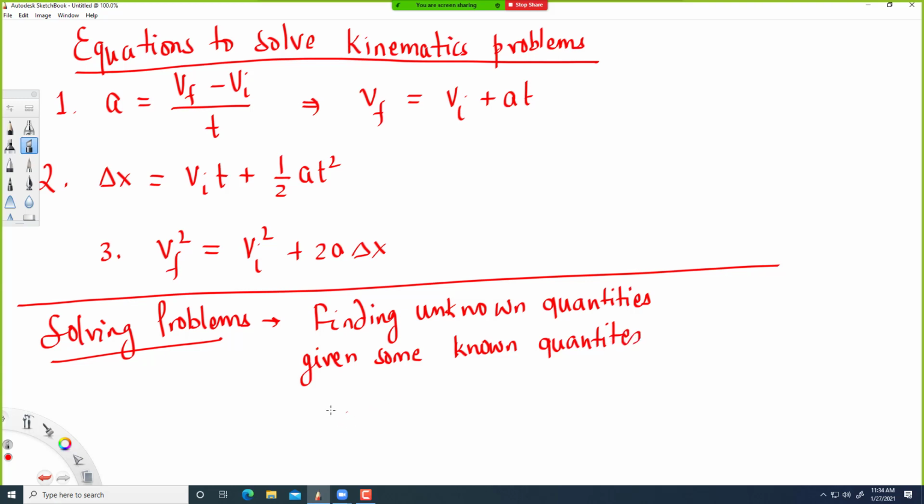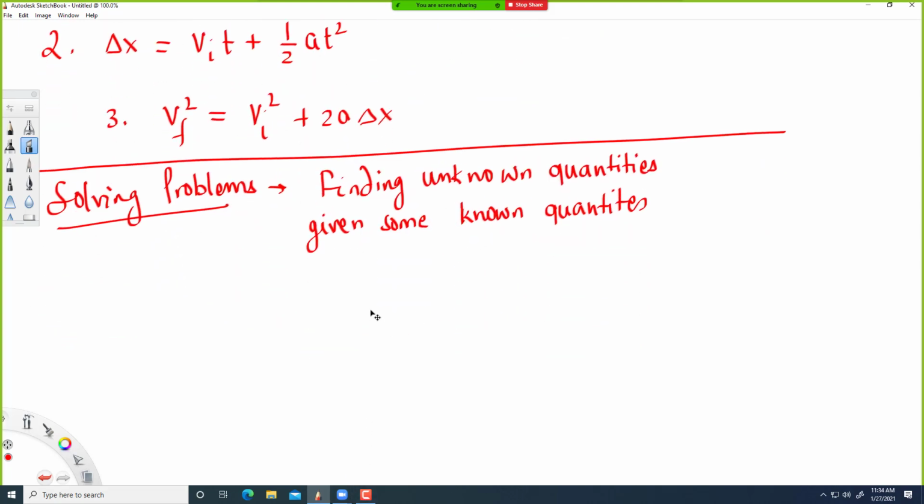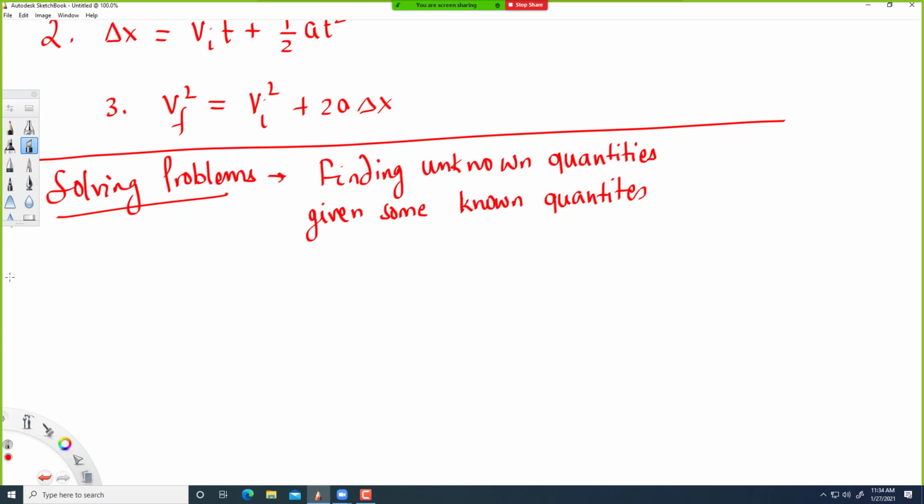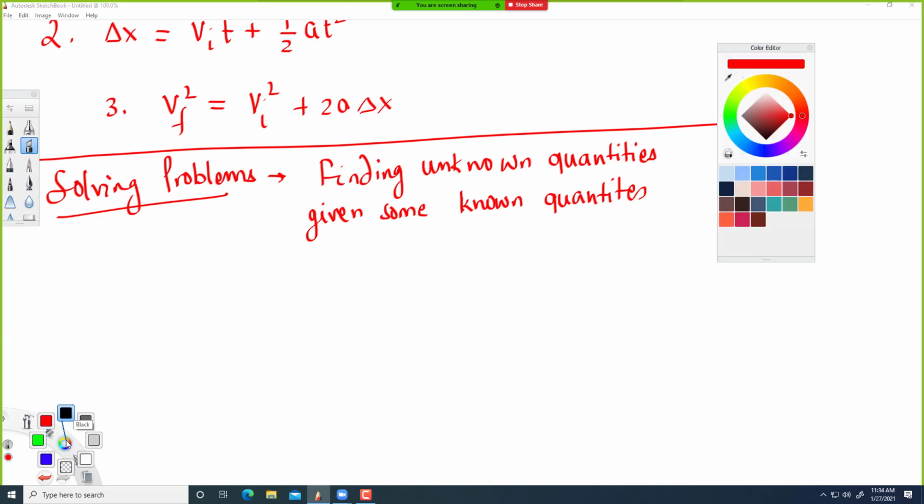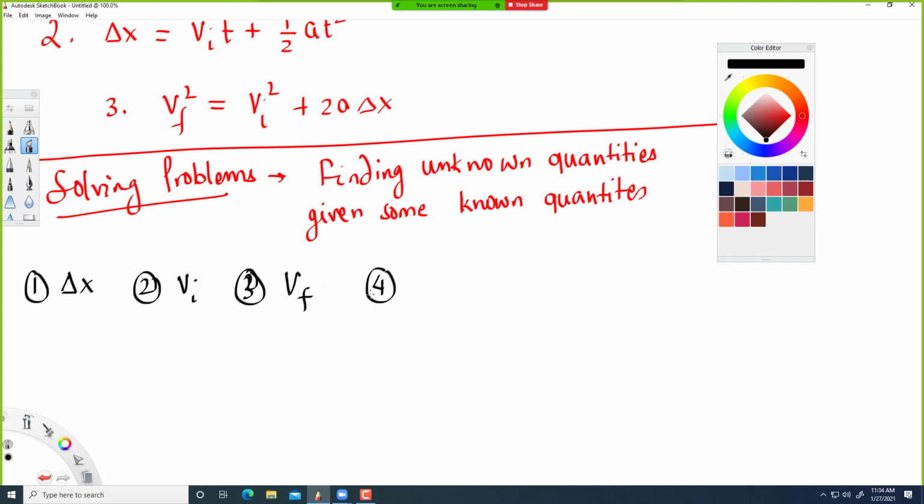Now when we solve the kinematics problems, we'll basically deal with 5 quantities like the ones I mentioned before. We'll be dealing with displacement, initial velocity, final velocity, acceleration, and time.